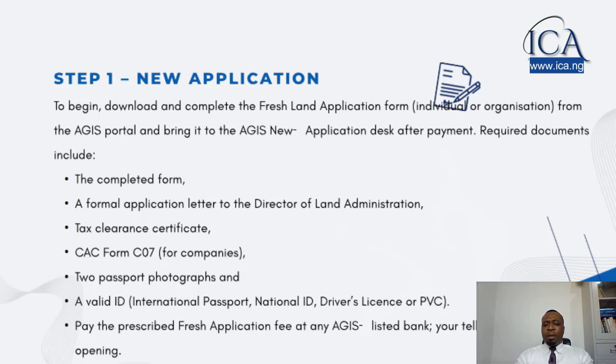The required documents that have to accompany the fresh application form include a formal application letter to the Director of Land Administration, tax clearance certificate, CAC form CO7, that's for companies, 2 passport photographs, and a valid ID card, which may be an international passport, national ID, driver's license, or your PVC.